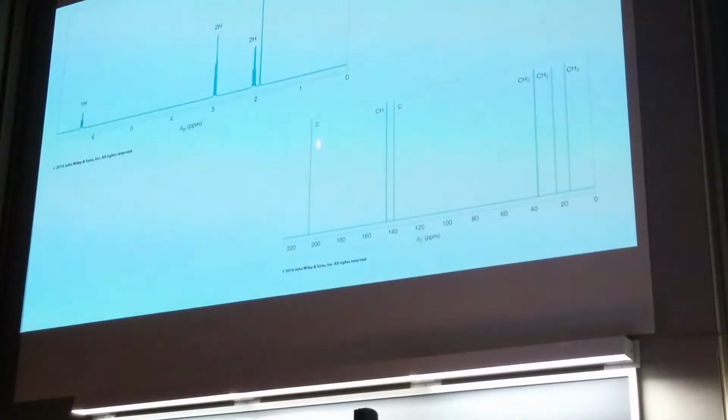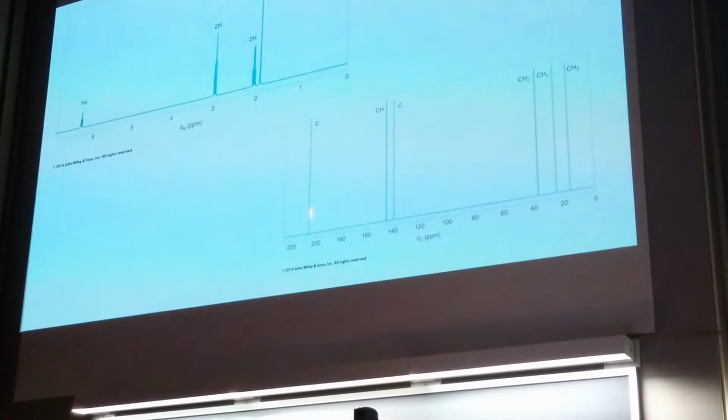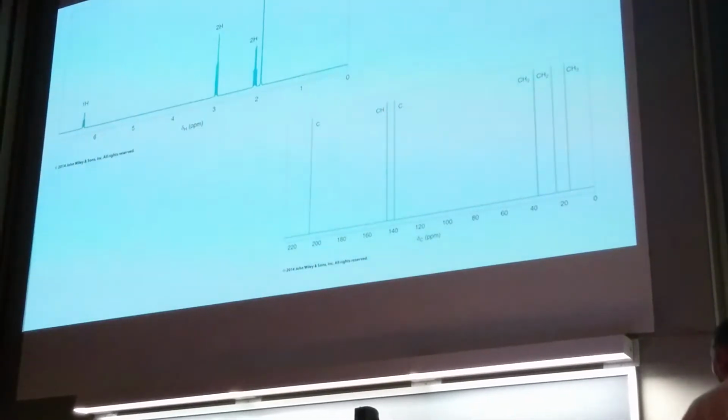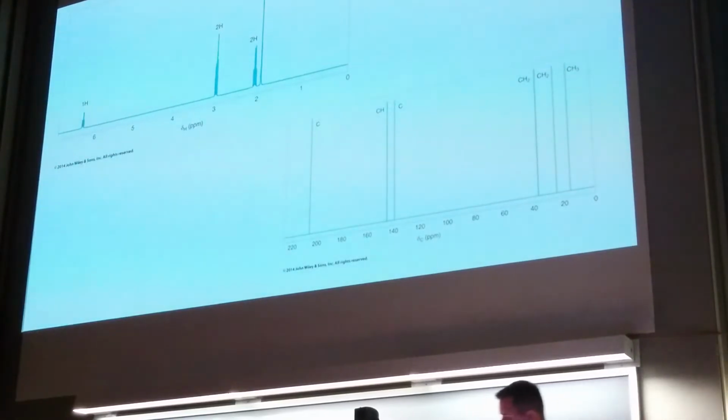There's a carbon that has 0 hydrogens according to the DEPT information with a C13 signal that's right around 207 or so by that scale. I would say chances are there's a carbonyl group in this molecule.